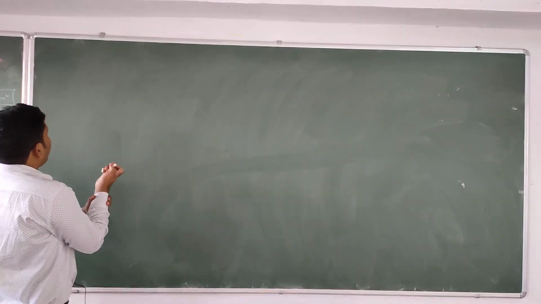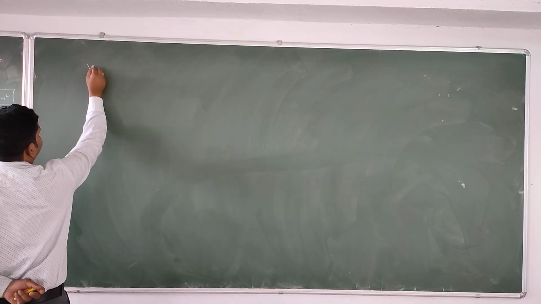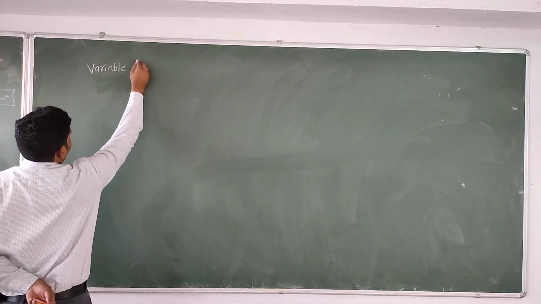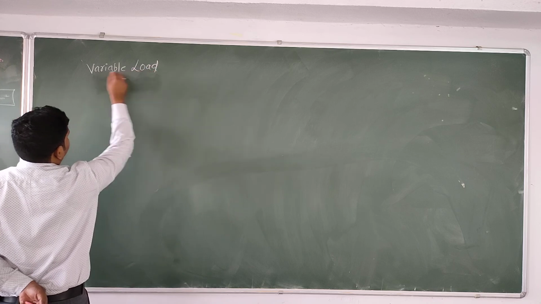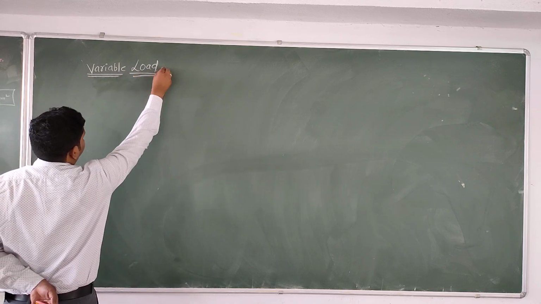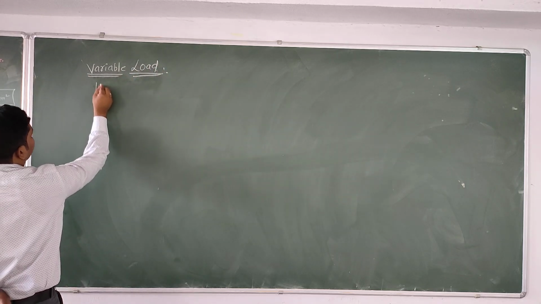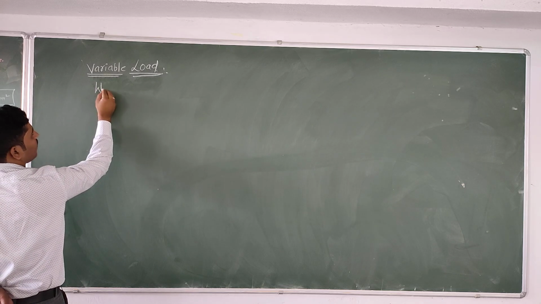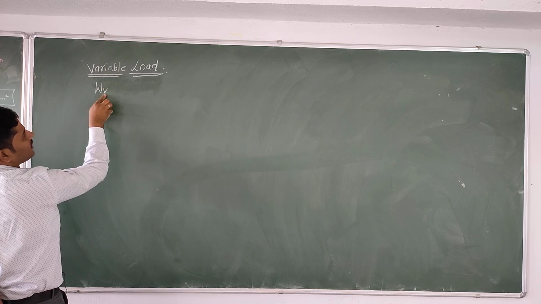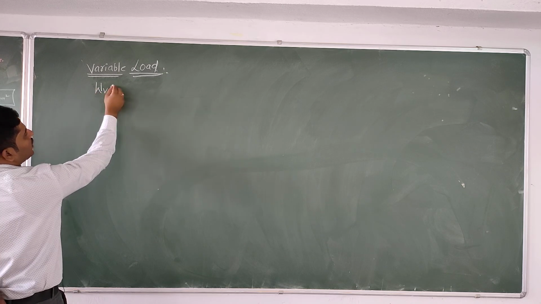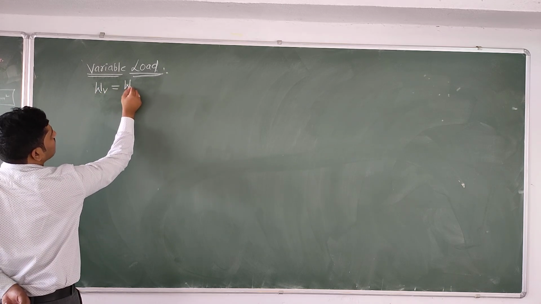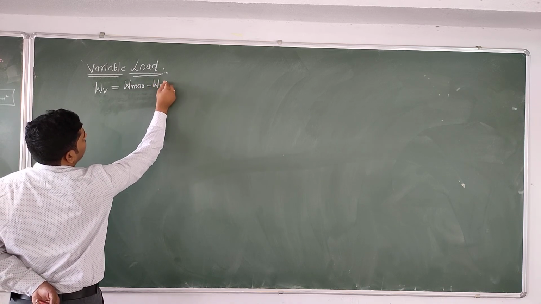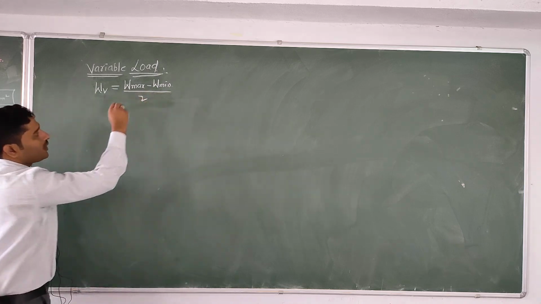Again we need to find out the variable load. If you want to find out the variable load, then you need to represent it by capital W V. So V indicates the variable load, equal to the maximum load minus minimum load by 2. So what is the formula here?